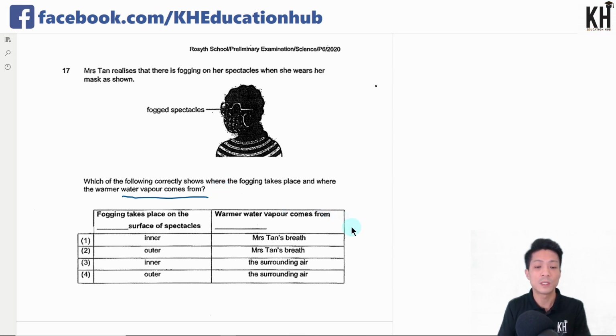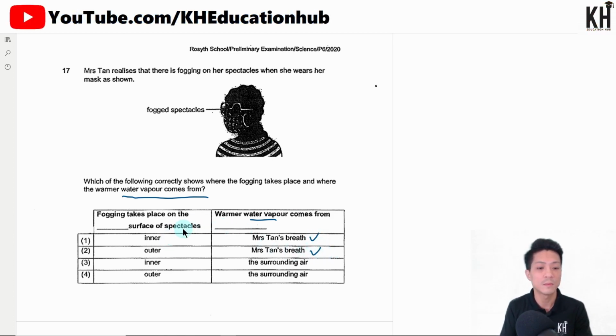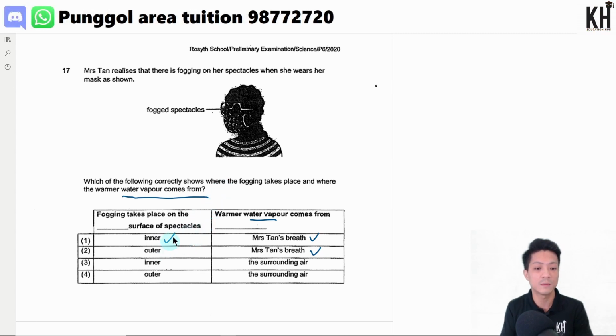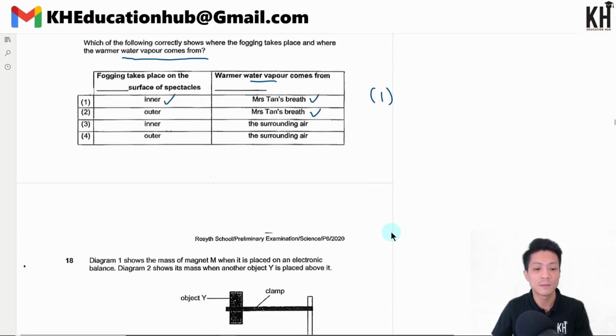We know that the warmer water vapor comes from your own breath, because that is where it is warm. And the fogging takes place on the inner surface of the spectacles because the mask will direct the warm breath towards the inner side of the spectacles. Answer is number 1.